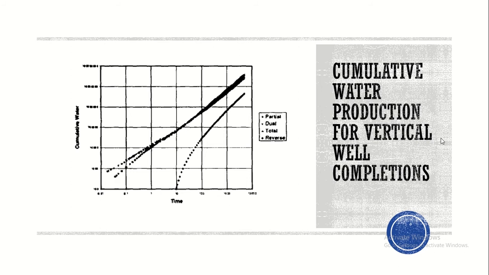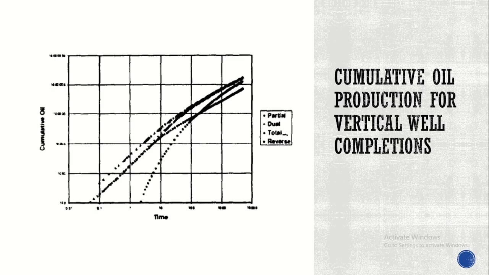For water production, partial penetration has the lowest oil production and water production throughout, while the other three have more or less the same. As for cumulative oil production, it is the same as water production, where partial penetration will produce the lowest oil and the other three will be more or less the same.